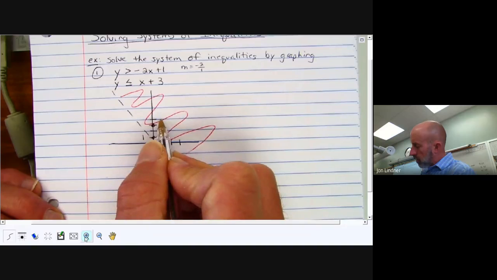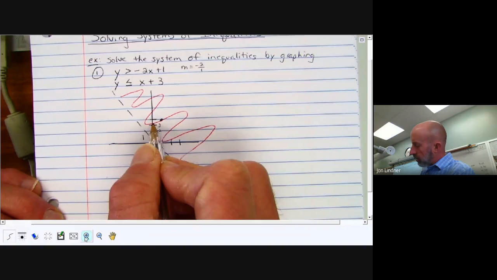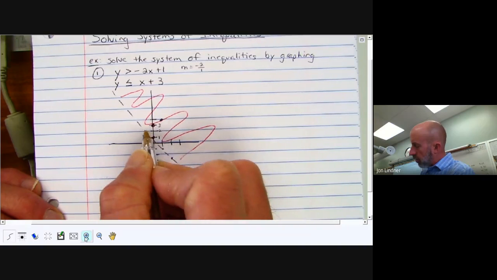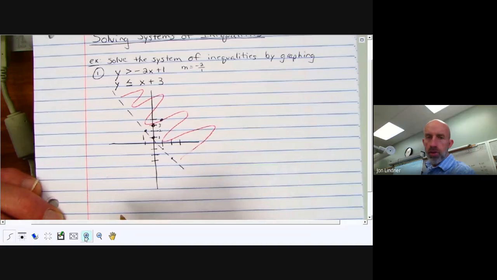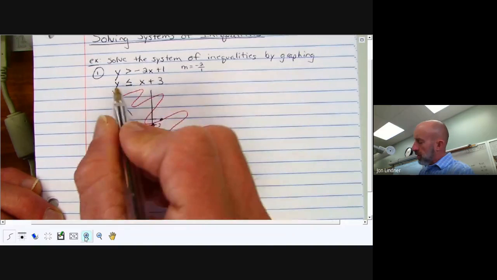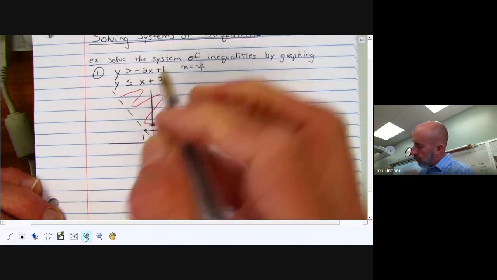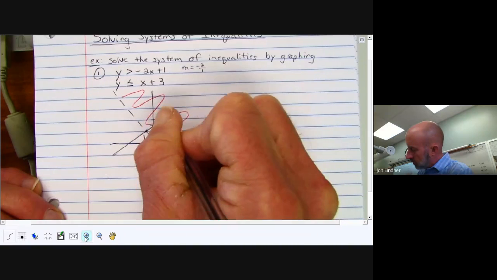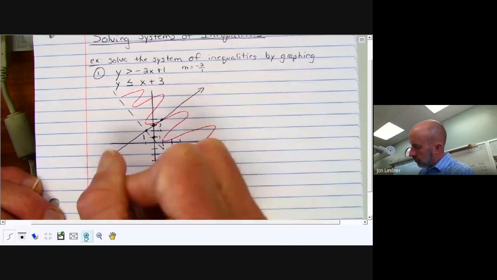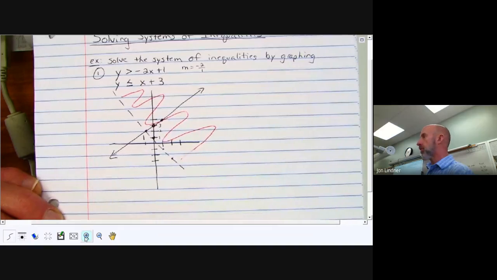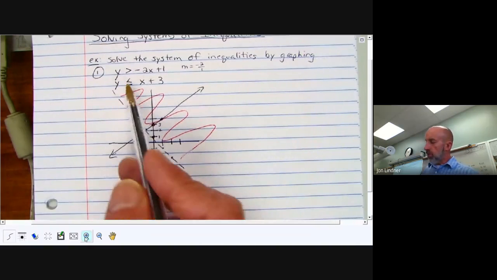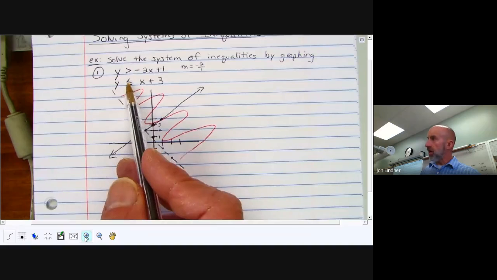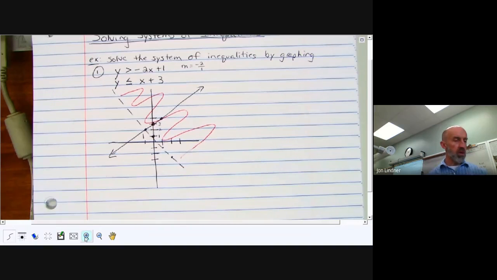Up 1 over 1. I could go down 1 over 1 also. And this one is less than or equal to, so we're going to use a solid line, like so. Now, my symbol says it's less than or equal to. So I'm going to shade below. I'm actually going to get a different color.